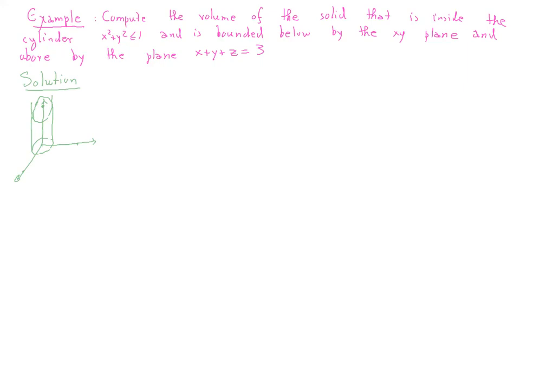That's what you're getting, and this is u. And this is where things become a little more interesting. This is not a box anymore. I'm sorry, this will not be a box in cylindrical coordinates.